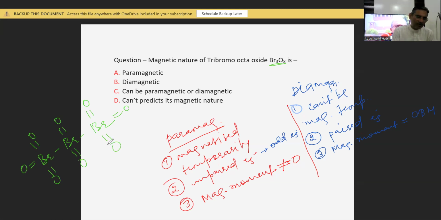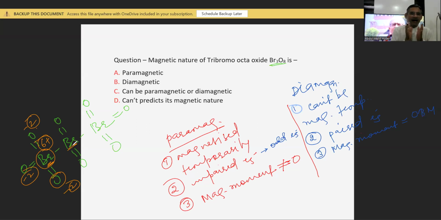See here, because of this oxygen, this is -2, this is -2, this is -2. So because of these 3 oxygen atoms, each one carrying -2 charge, this Br will become 6 plus.